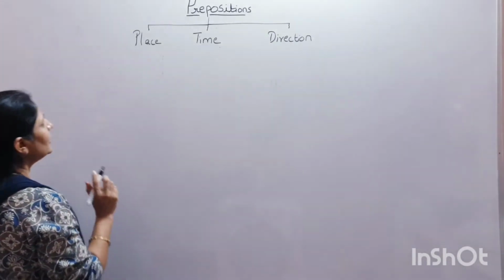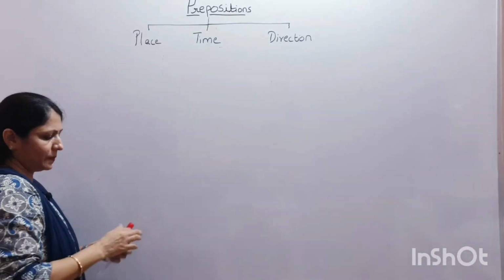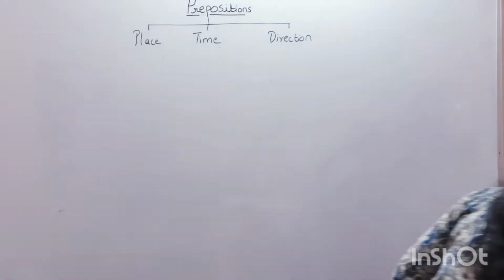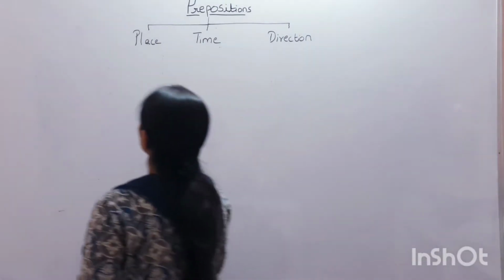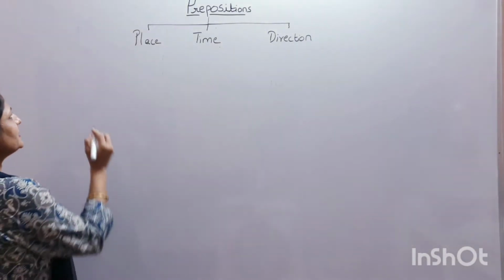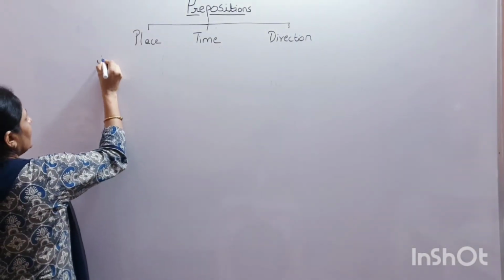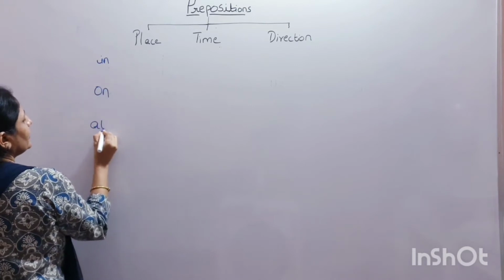Okay. Now, to start with the preposition of place, the first and the most common prepositions of place are in, on, and at.